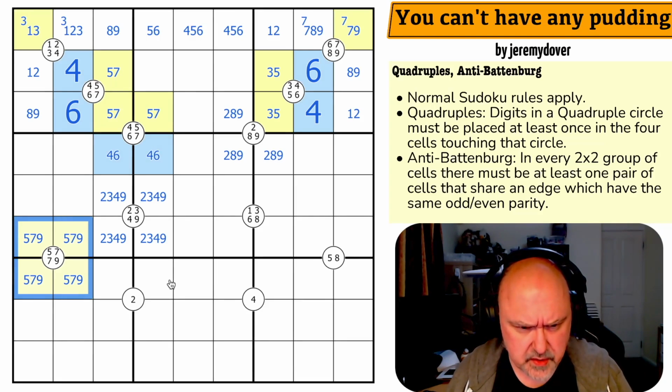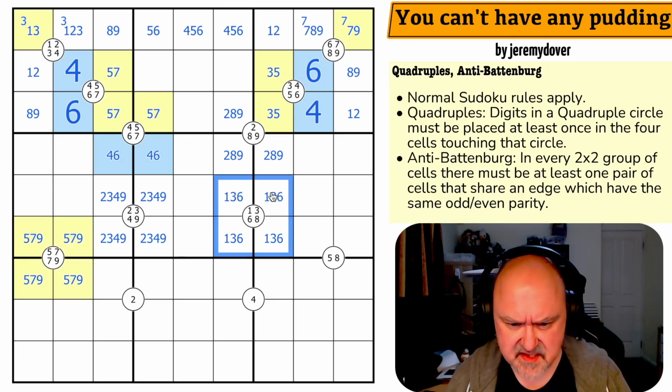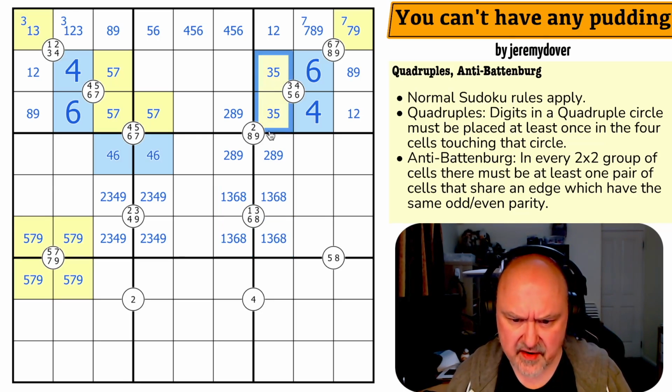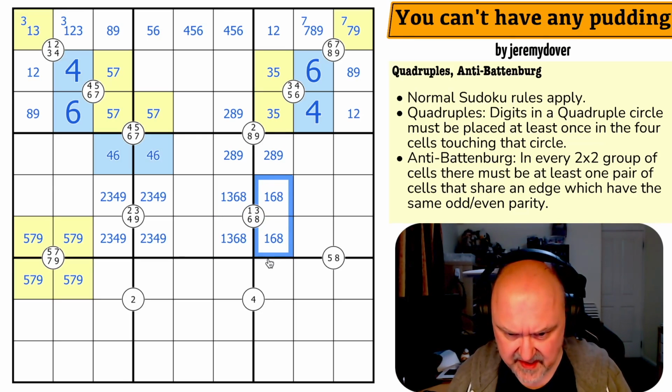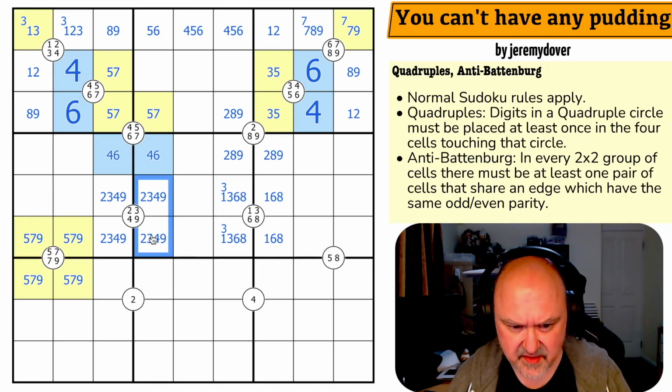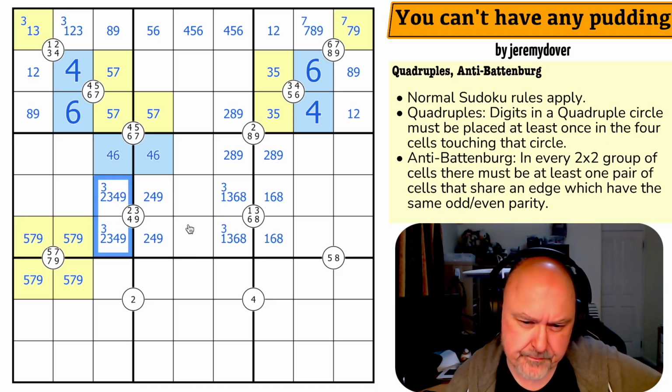How do I make this work? This is 1, 3, 6, and 8. And I can't put a 3 there, so there is a 3 there. Is that doing anything?